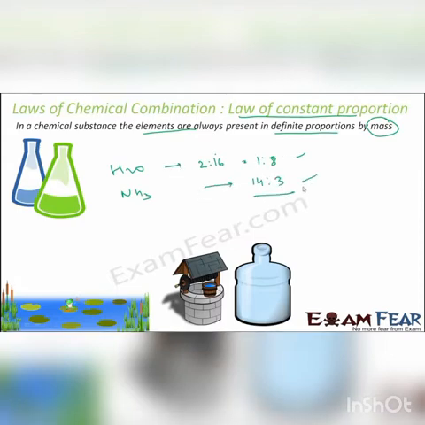This is experimentally seen. And why it is like this, we'll tell you. Don't worry. Just understand that these values are fixed for a given compound or given molecule. Water is a molecule which has hydrogen and oxygen as atoms. Ammonia is a molecule which has nitrogen and hydrogen as atoms. Okay, this is the law of constant proportion.